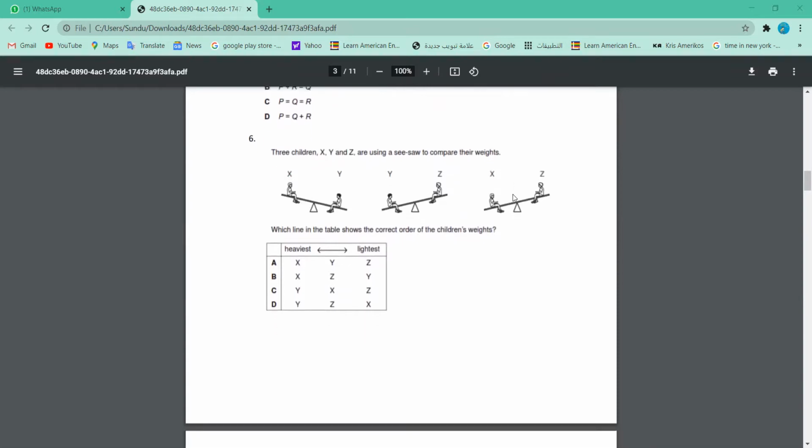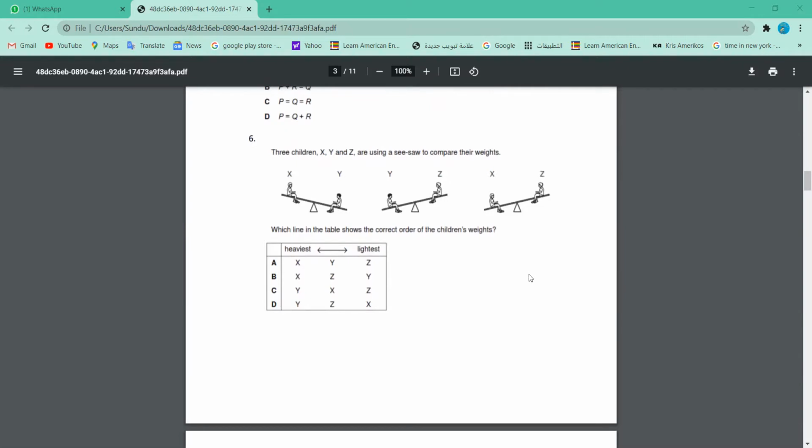Question number 6. 3 children X, Y, and Z are using a seesaw to compare their weights. Which line in the table shows the correct order of the children's weight? Now we will assume that these seesaws are uniform rods, and the children are sitting the same distance from the fulcrum.